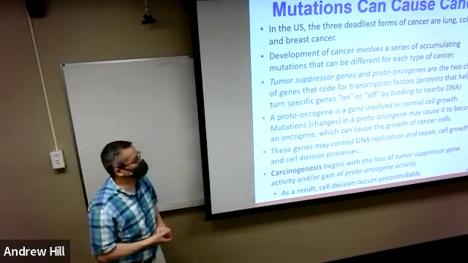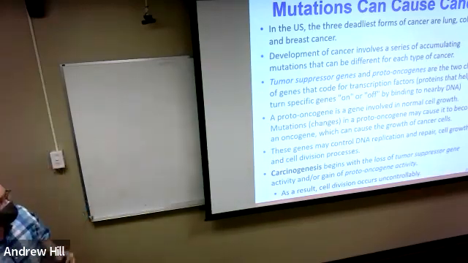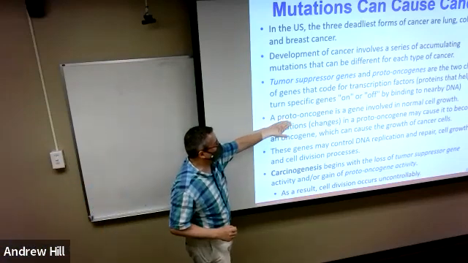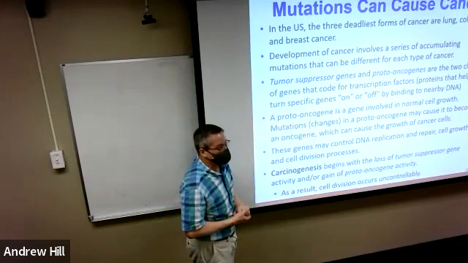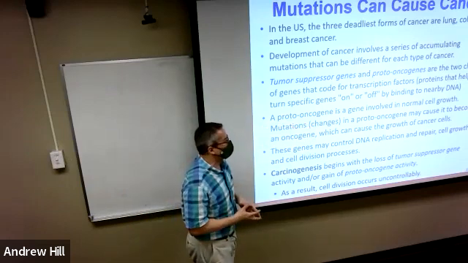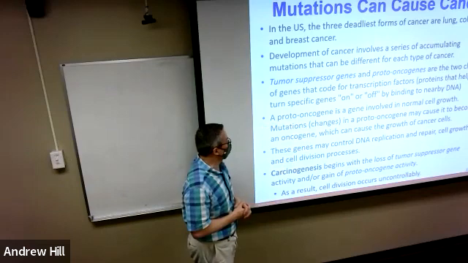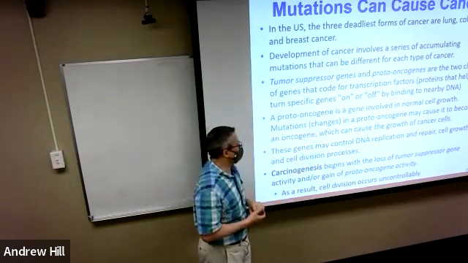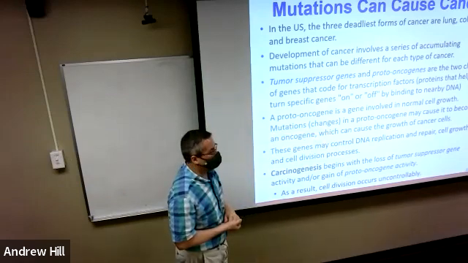Okay, the tumor suppressor genes and the proto-oncogenes. I think this is just what I've talked about already. The proto-oncogene is a gene involved in normal cell growth. So normally they're stimulating your cells to grow. That's a good thing usually, as long as it's done right. Mutations or changes in the proto-oncogene cause it to become an oncogene, which causes the growth of cancer cells.